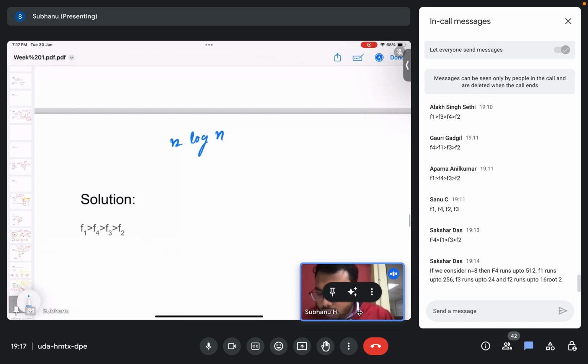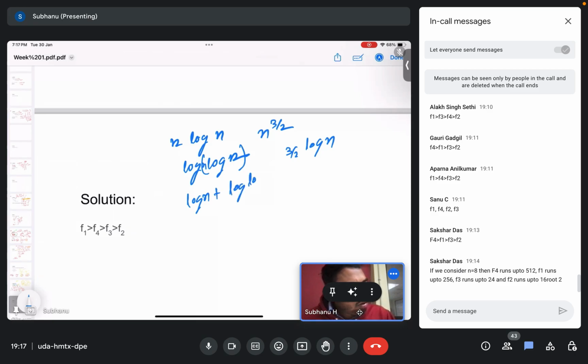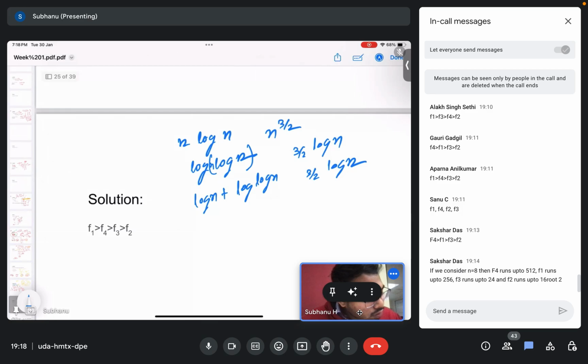Log n and n to the power 3 by 2. If we check these two, log n, 3 by 2 log n, that is log n plus log n and 3 by 2 log n.